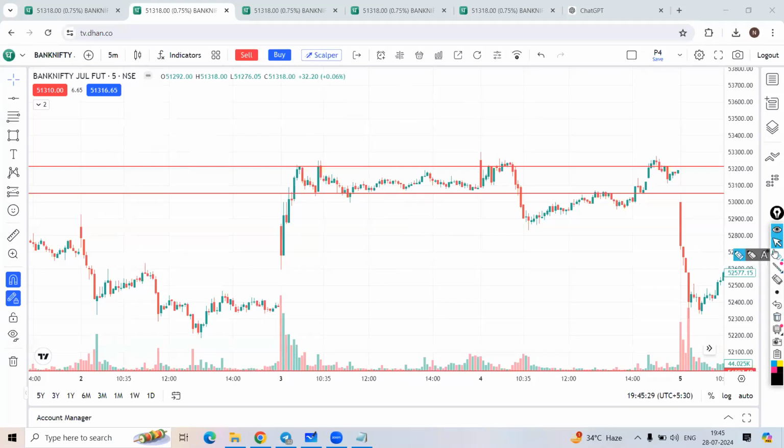Bulls or bears, what's happening here? The only clue is that bulls are struggling. Not even one 5-minute candle is stable above this zone. Can you imagine how bulls are showing intention over here?